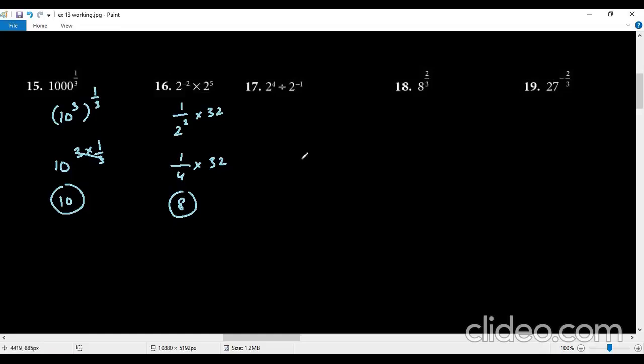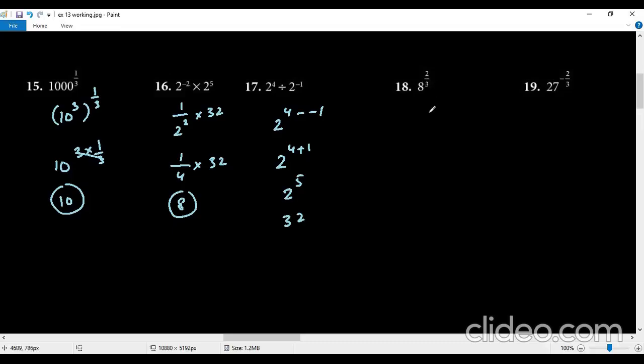Next, it says 2 to the power 4 divided by 2 to the power minus 1. Divided by means subtracted, so minus minus 1. That means 2 to the power 4 plus 1 is 5, and 2 to the power 5 equals 32. Is it the right answer? Yes, it is.